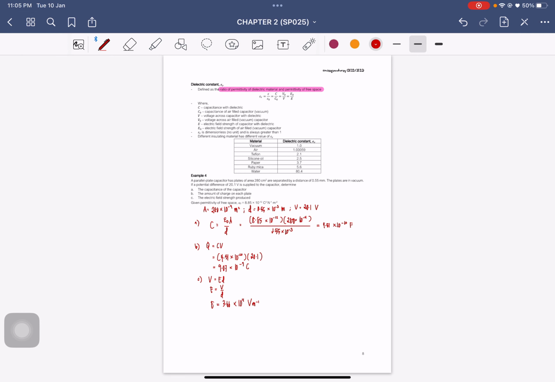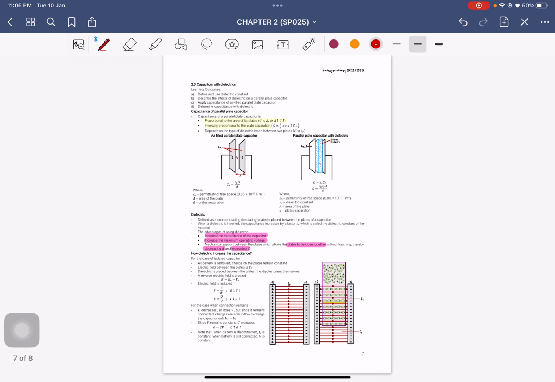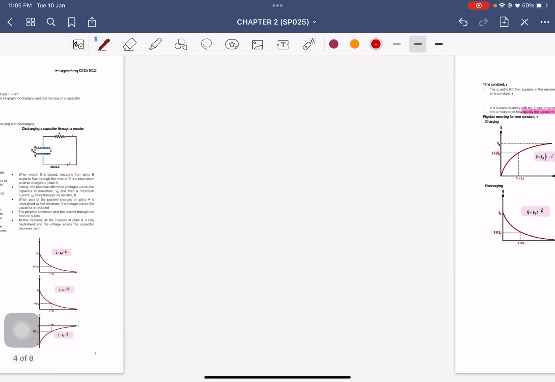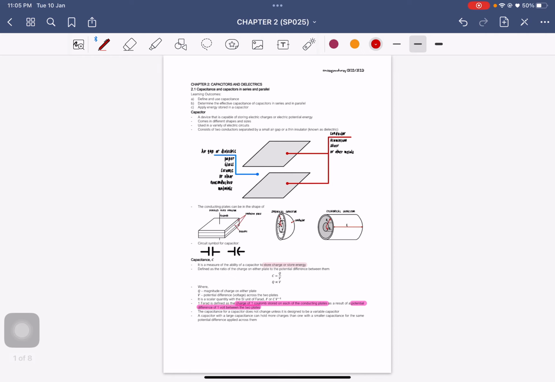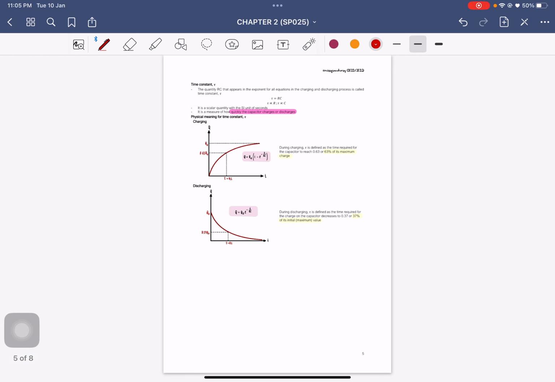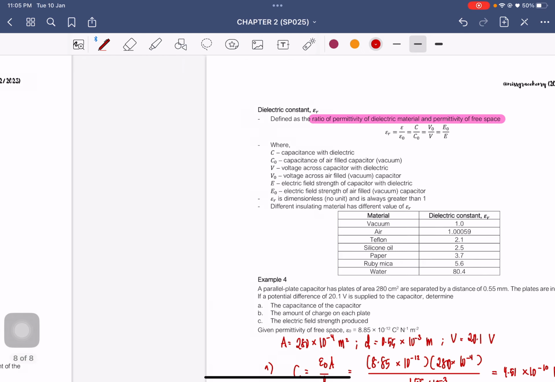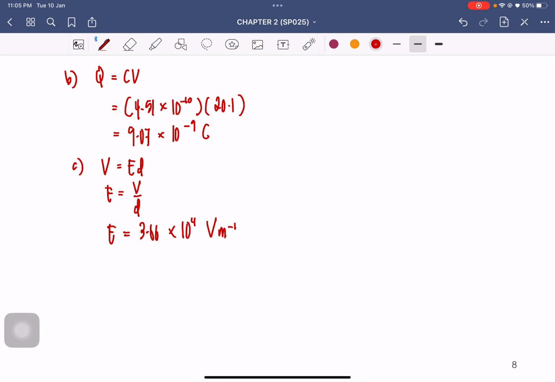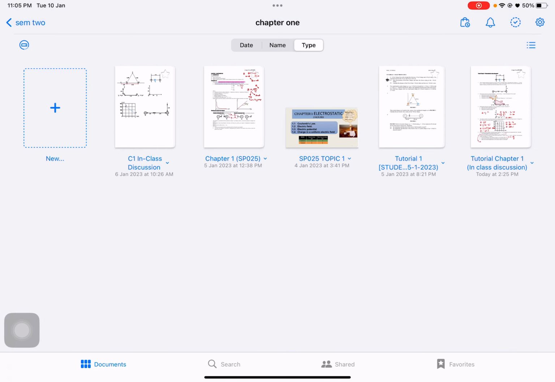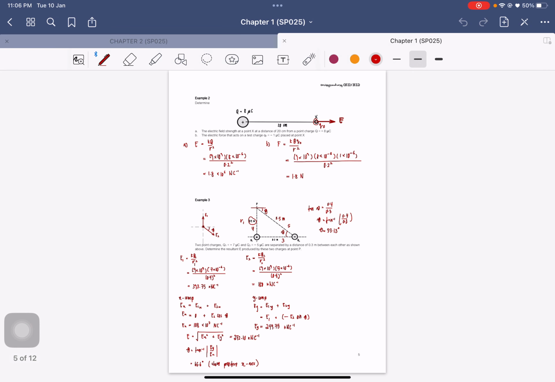Alright, so that is example number 4. Let me just check if I have included it. I think that equation E equals V over d is in chapter 1, in case you forgot. But let me just double check to be sure.